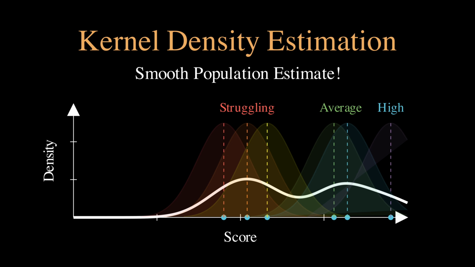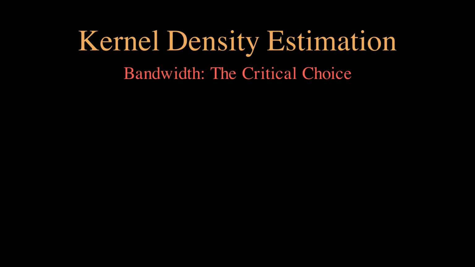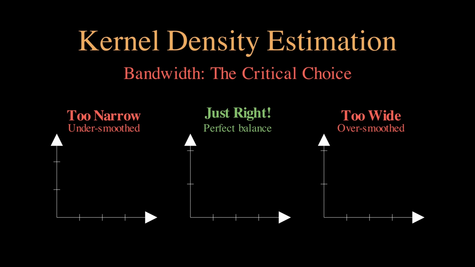But there's a crucial parameter that controls this entire process, and it's called the bandwidth. The bandwidth determines how wide or narrow each of those individual bell curves should be, and selecting this parameter correctly is absolutely essential for obtaining meaningful results.